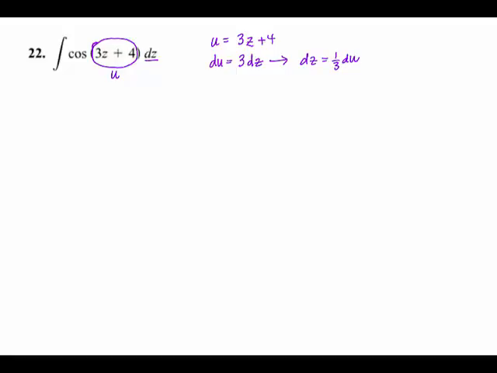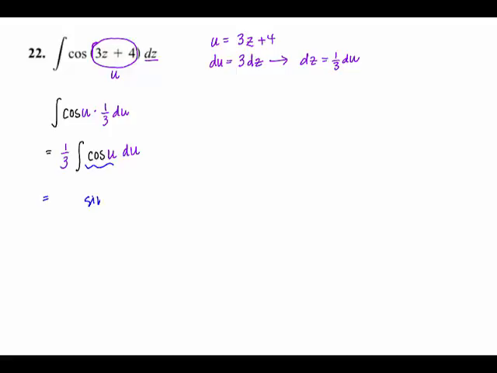So we have the indefinite integral of the cosine of u times dz, which is 1/3 the derivative of u. We can rewrite this, let the 1/3 hang out front. The indefinite integral of the cosine of u with respect to u, then find the antiderivative. What function has a derivative that is cosine?